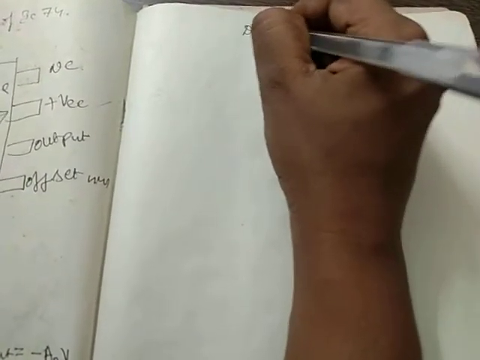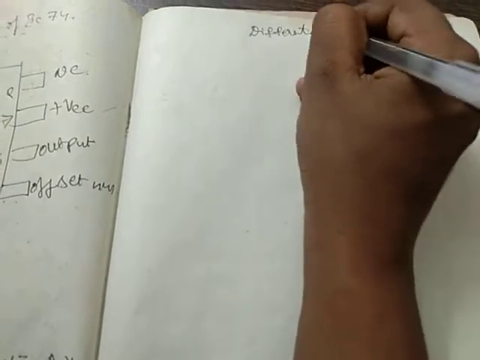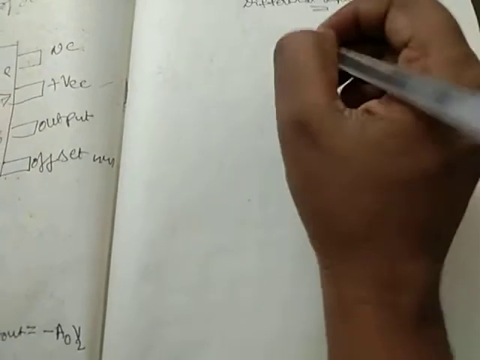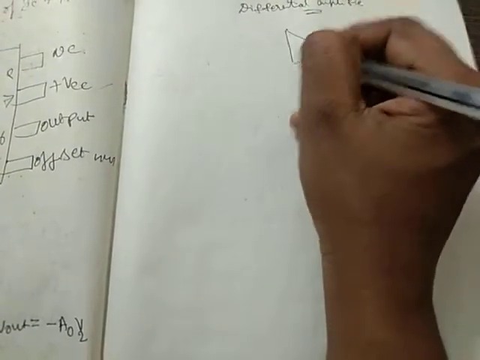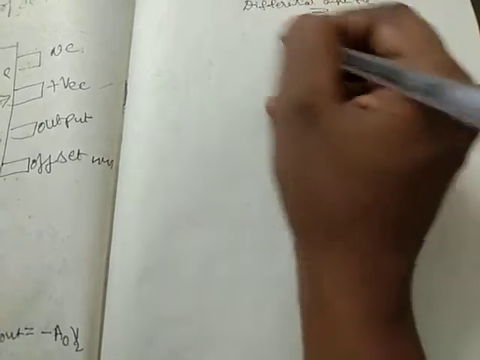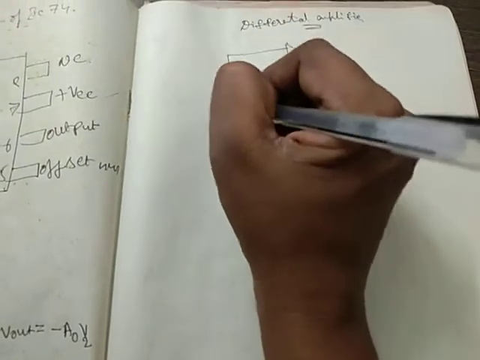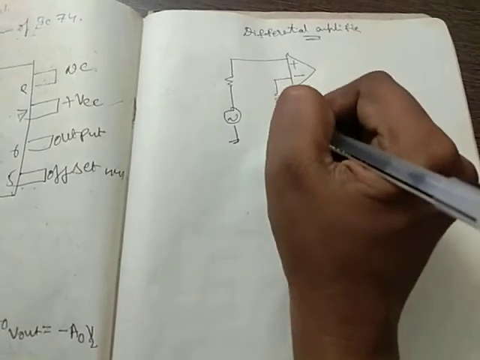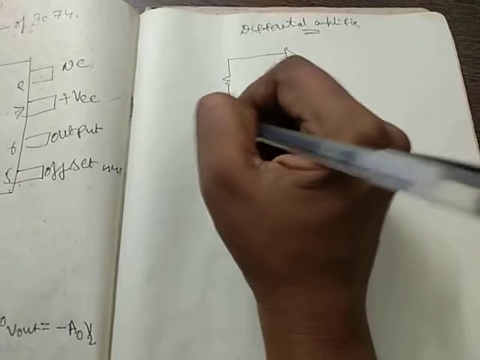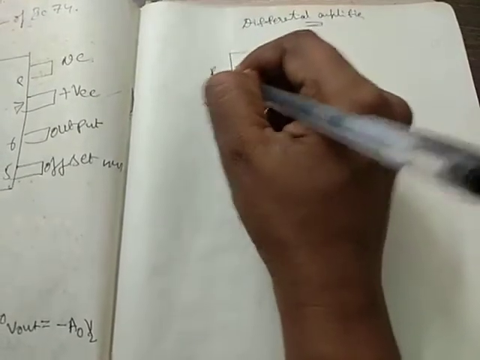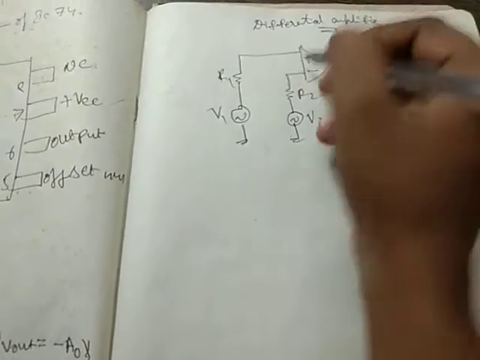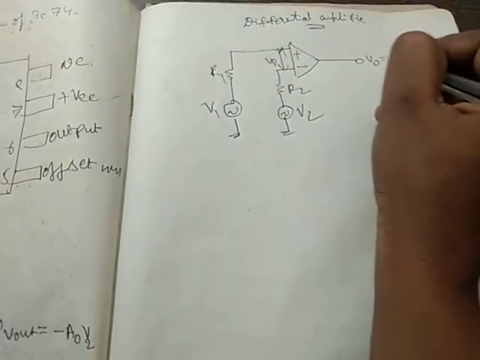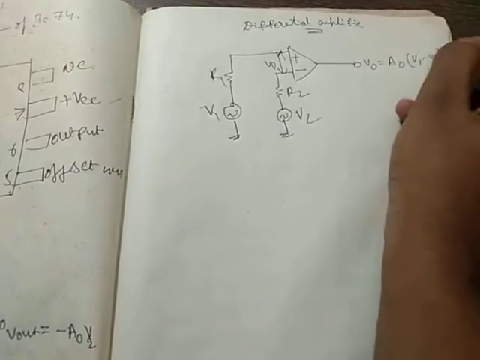The basic diagram of a differential amplifier, positive, negative, and this is V1 and this is V2, and this is R1, this is R2, this is the VD, and V naught equal to A naught of V1 minus V2.